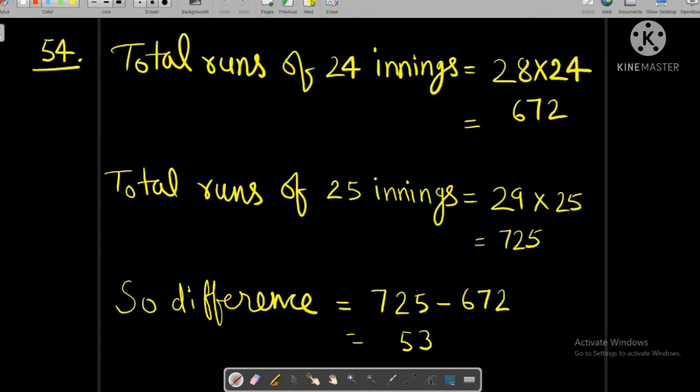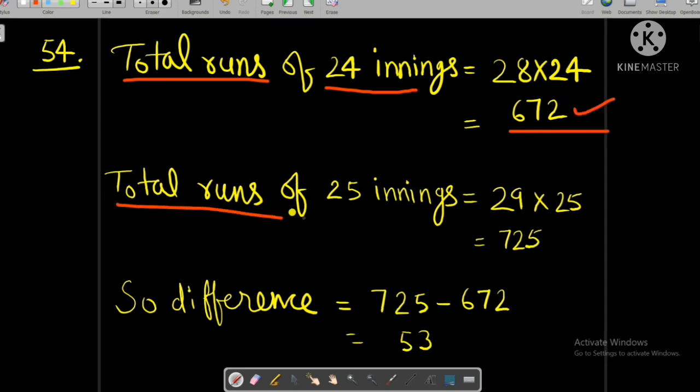Question number 54. Yes, here you can see the solution. Total runs of 24 innings. How much total did he score in 24 innings? We can get that by multiplying 28 by 24, which is 672.